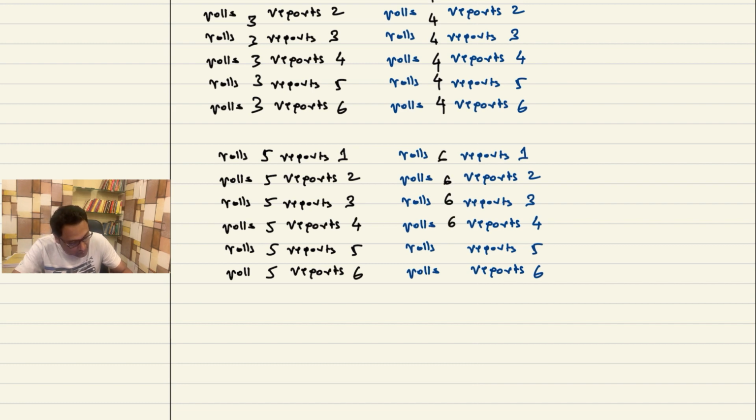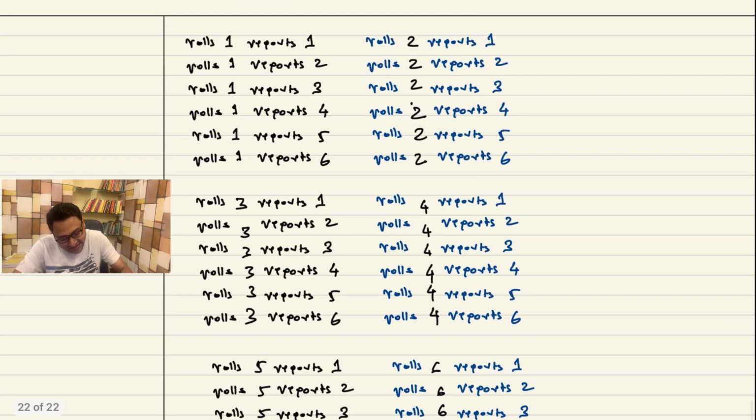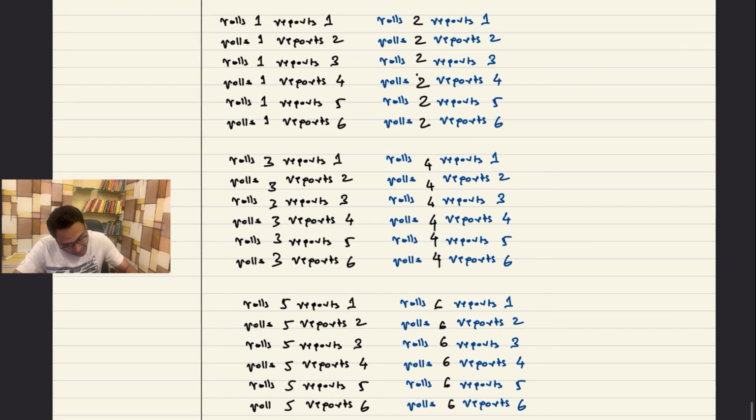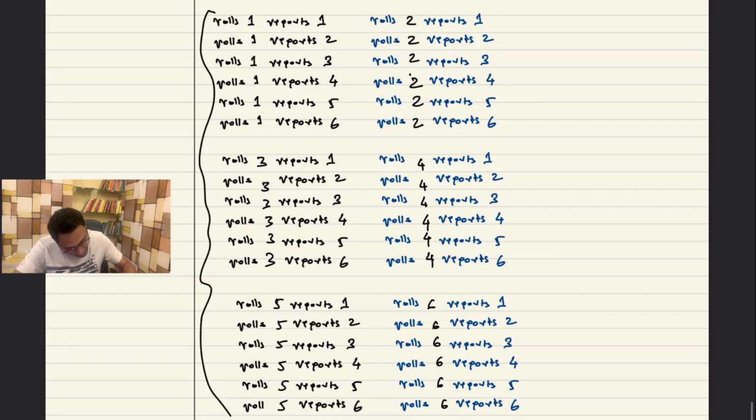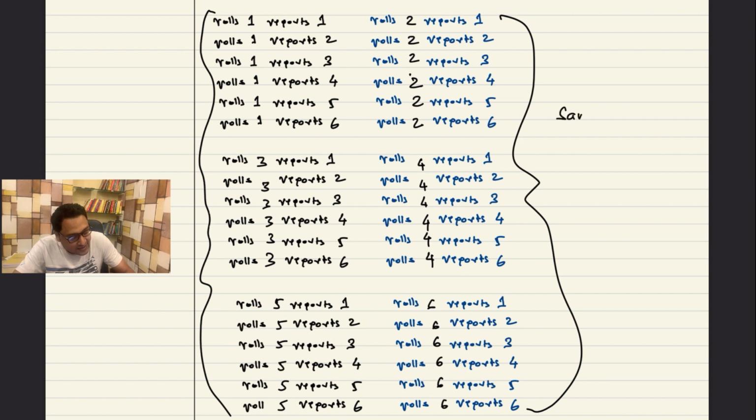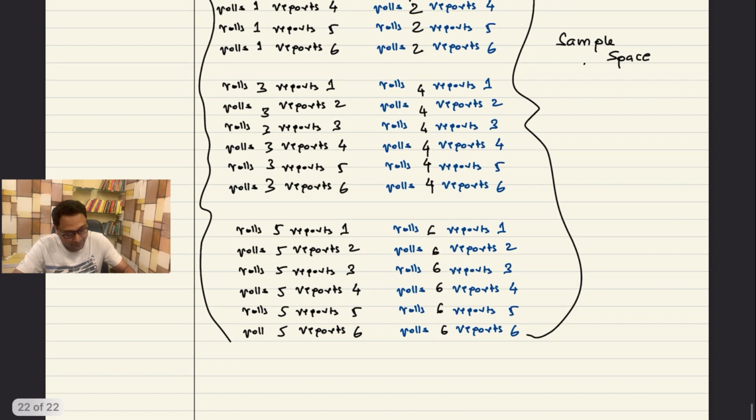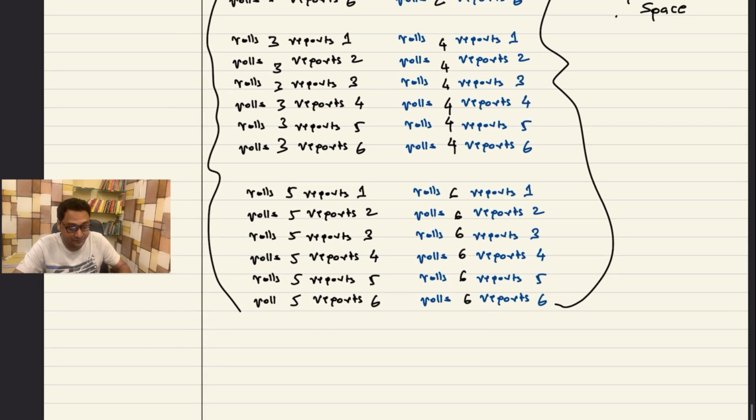Okay, so this is the entire set. Maybe I can just draw a curly bracket. This is my sample space.